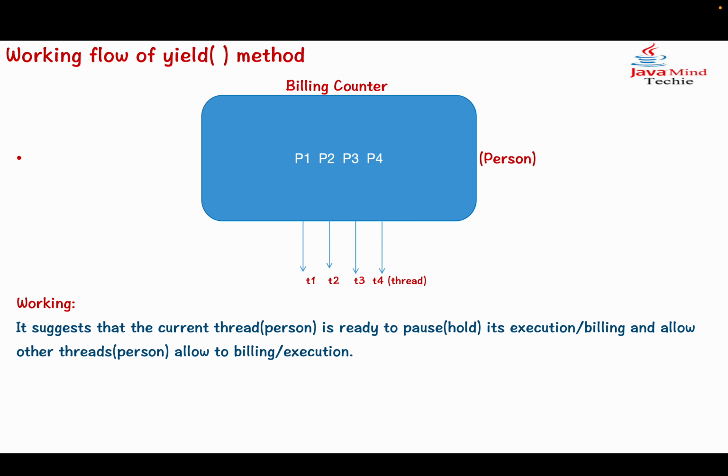Whoever is standing in the queue needs to follow the same queue. At that time you cannot do anything for the person standing behind you, even if they request you. The same thing happens in multi-threading: the thread scheduler sometimes allows another thread to execute, and sometimes it does not. I hope you understood the concept here. That is the working flow of the yield method.